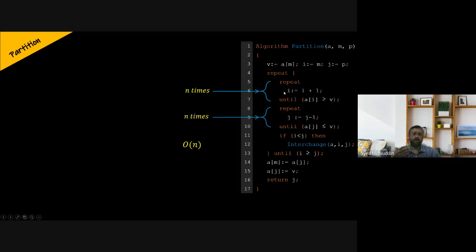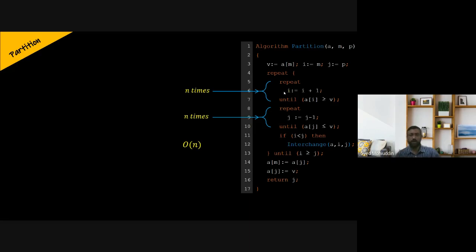Now remember I said earlier, if there are two nested loops, then the time complexity is quadratic. That is when the first loop executes for n number of times and the nested loop inside it also runs for n number of times, then it will be n square. But here, the outer repeat loop will not run for n number of times.